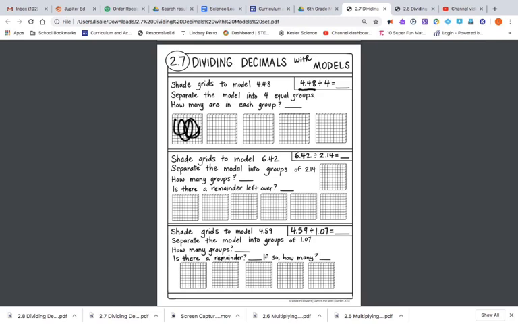So this is 1, 2, 3, 4. That's my whole 4, and I have 48 hundredths of the next grid. So I have 10, 20, 30, 40, and then 48. There's my model of 4 and 48 hundredths, and I want to break it down into 4 groups. So how many will each group contain?